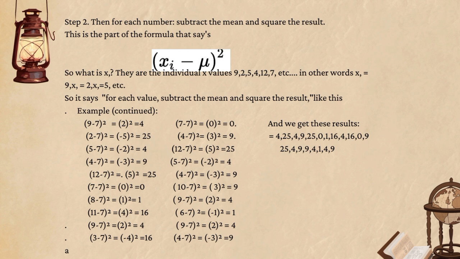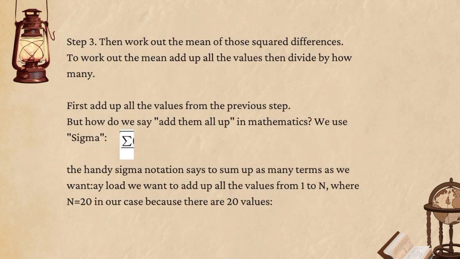Kapag nakuha na natin yung pag-subtract ng mean at square, ang magiging result dapat niyan is 4, 25, 4, 9, 25, 0, 1, 16, 4, 16, 0, 9, 25, 4, 9, 9, 4, 1, 4, 9.